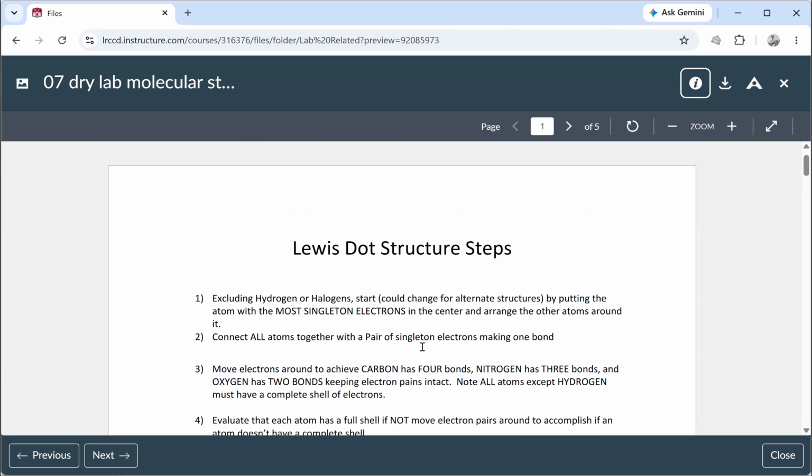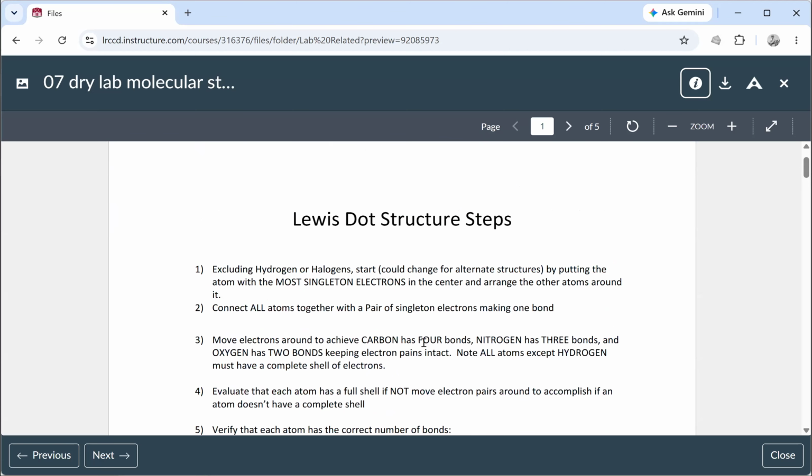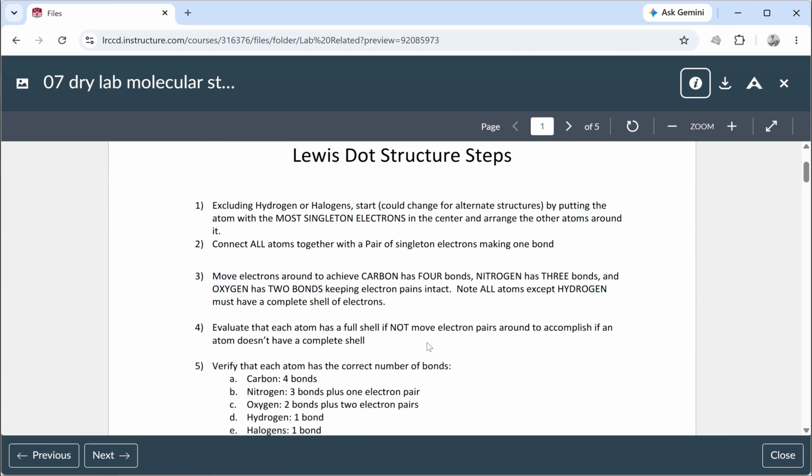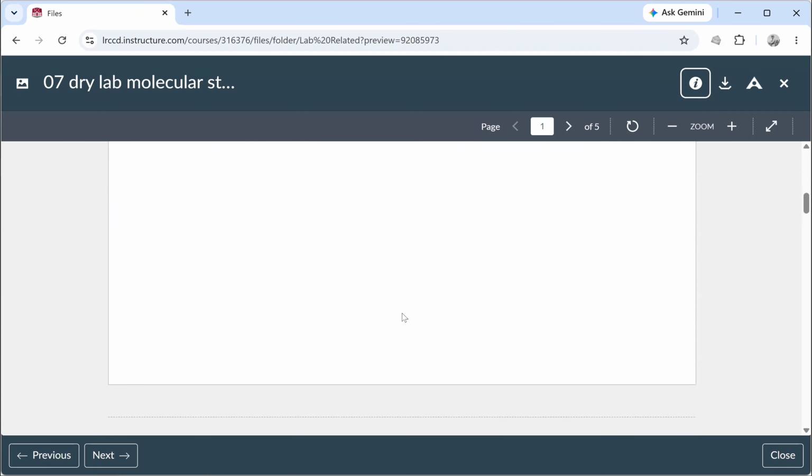Okay, these are directions that I have horrendously simplified compared to the directions you have in your dry lab. This is what we're going to go over today.